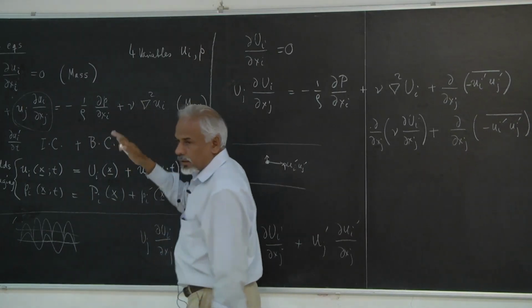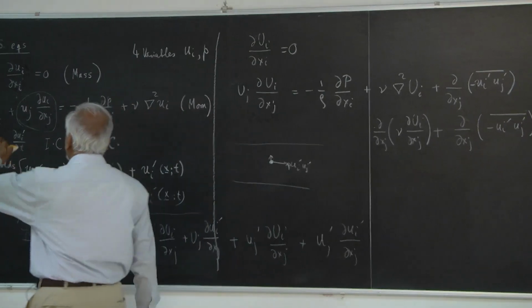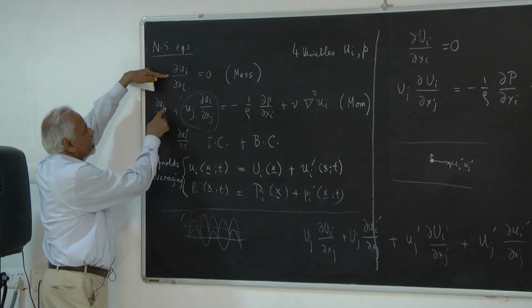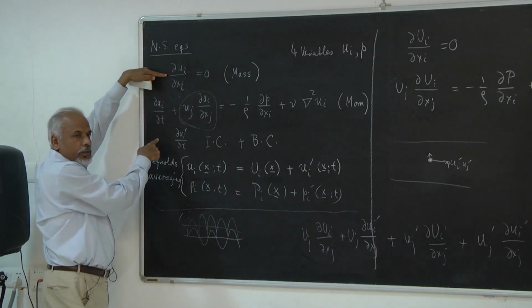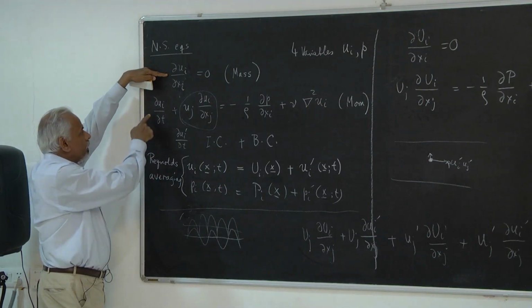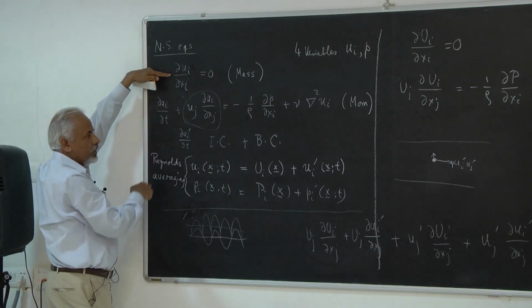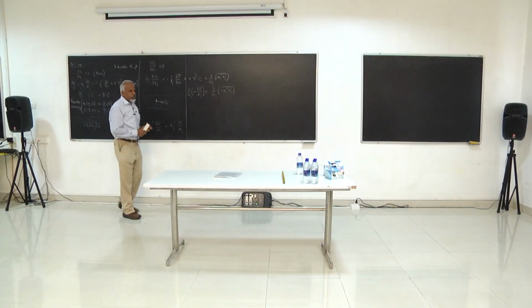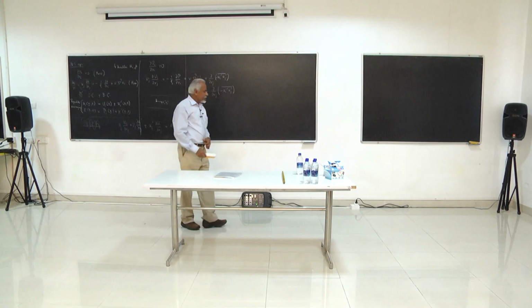Density and viscosity are given already to you. And you have four equations. This is one equation, and one equation for i, one for j, and one for k. Or one equation for direction 1, 2, and 3. So I have enough equations for the variables.